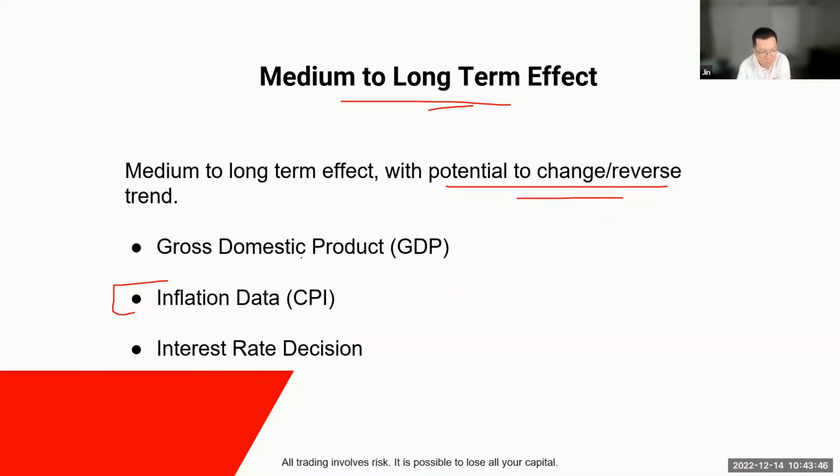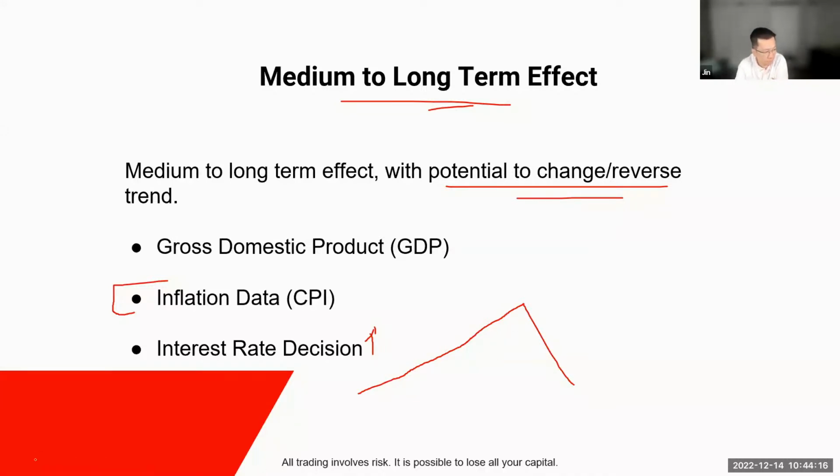But in general, gross domestic product, inflation data, interest rate decision, what happens is that you could see price maybe climbing towards the upside. And then let's say that they have decided to increase interest rates, and then we're going to see price drop back down. So this could lead to a change or reverse in price, and this drop could happen over the medium to longer term.